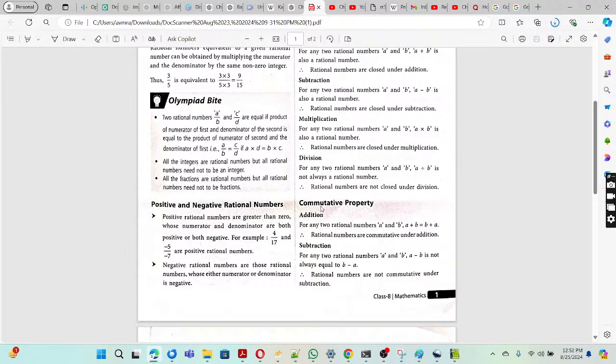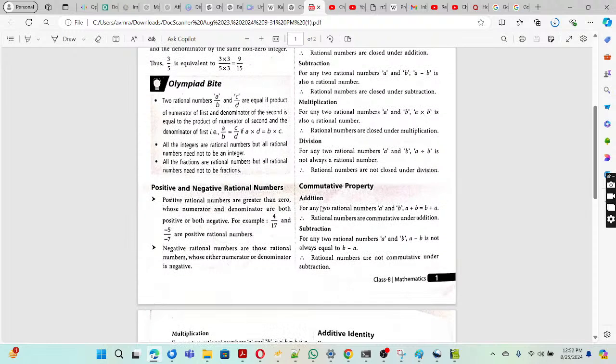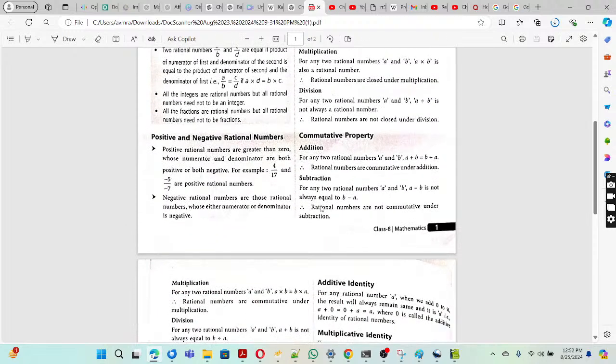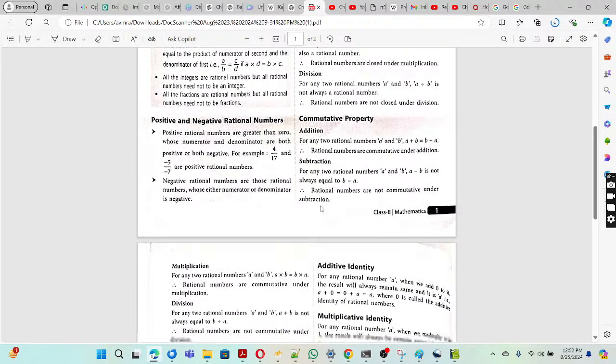They are commutative under addition. Subtraction: a minus b is not equal to b minus a. That means they are not commutative under subtraction, right? The value will be different. 2 minus 1 equals 1, 1 minus 2 is minus 1. That is not the same, right?